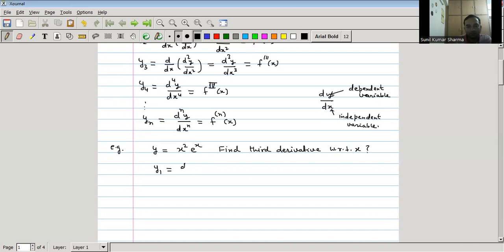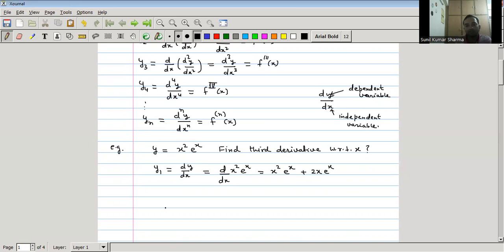So that is d by dx of y. So this is equal to d upon dx of, what is y? x square into e to the power x. So we can use the product rule, and that is equal to x square times the derivative of e to the power x, which is e to the power x, plus the derivative of x square, which is 2x, into e to the power x.